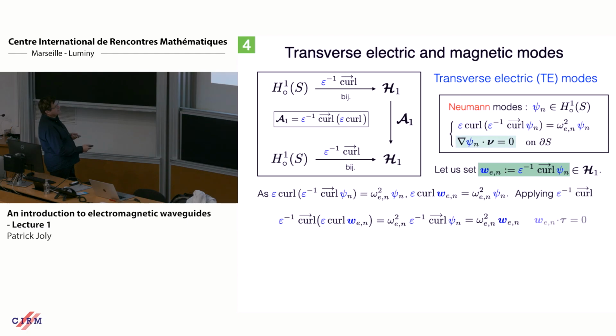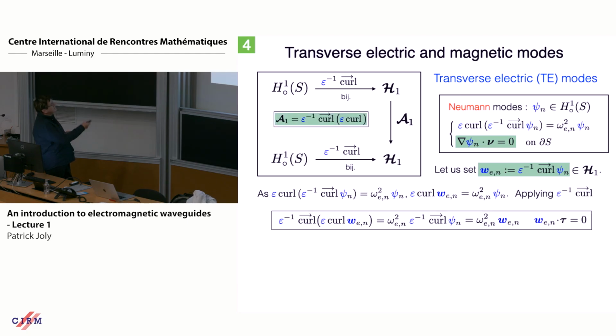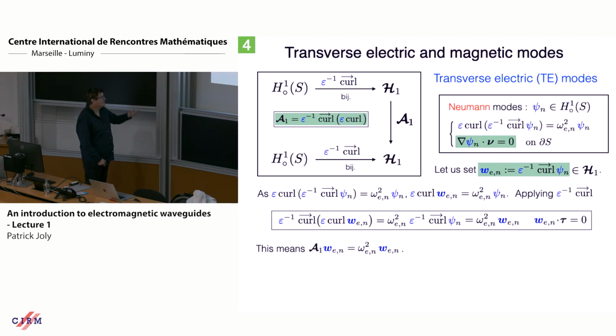In addition, the fact that you have gradient psi dot nu equal to 0 and Wn is a rotated gradient, you obtain the good boundary condition. And from all of this, you conclude that because of the definition of A1, you have built a basis. You have built a set of eigenfunctions for the operator.